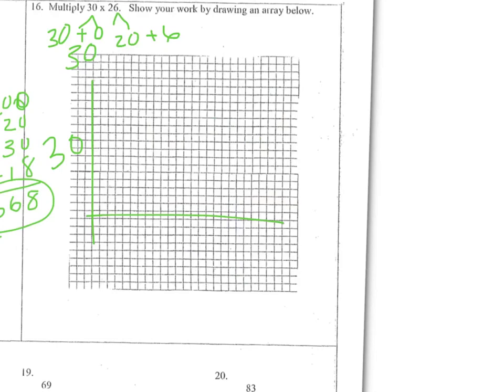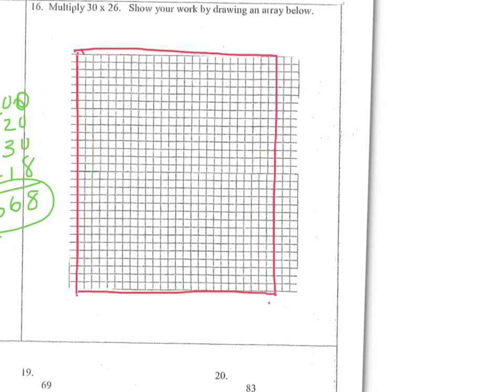Alright, so here it shows your 30 being on this side. You don't have to break that 30 apart, just keep it at 30, and then you have your 26 going across the bottom, so let's break that up into 20 plus 6.